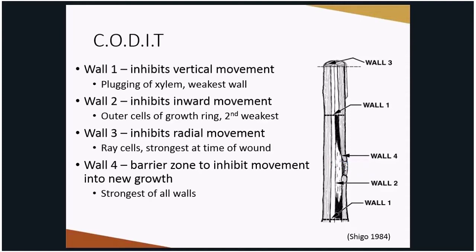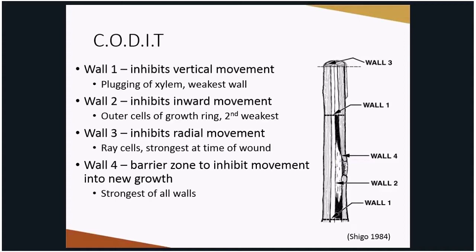It is not the weakest, but the second weakest, where wall 1 is actually the weakest wall in terms of strength for repelling rot and decay. That's what I mean by the weakest. So wall 1 is the least able to repel the pathogens that would come in and start to rot and decay the tree. Wall 2 would be the second weakest.